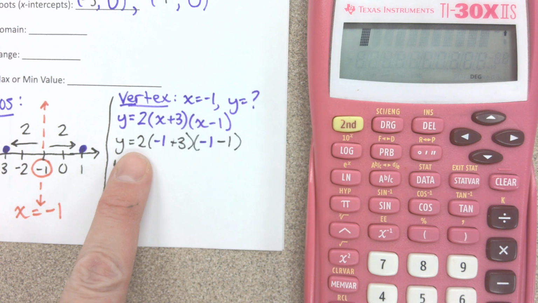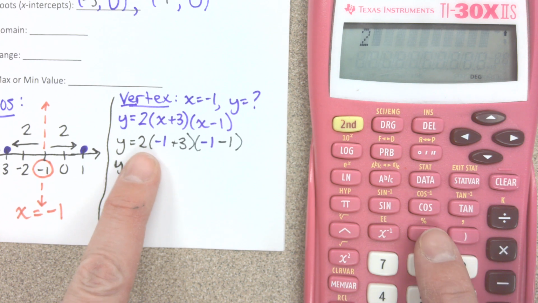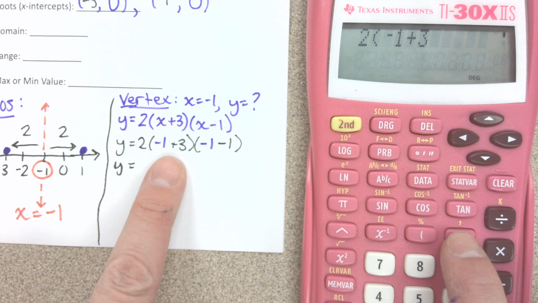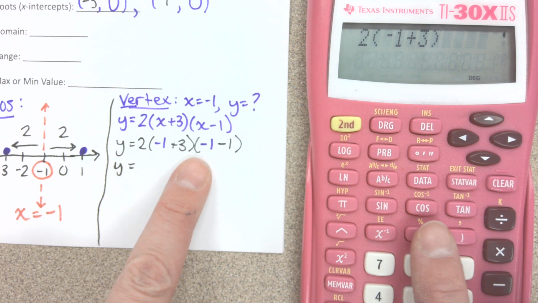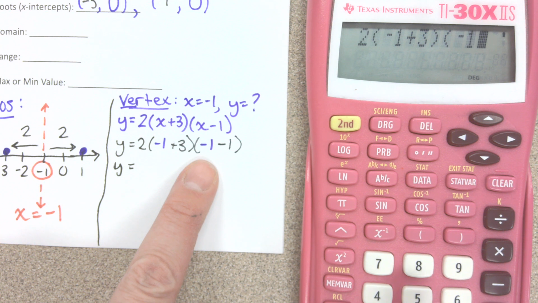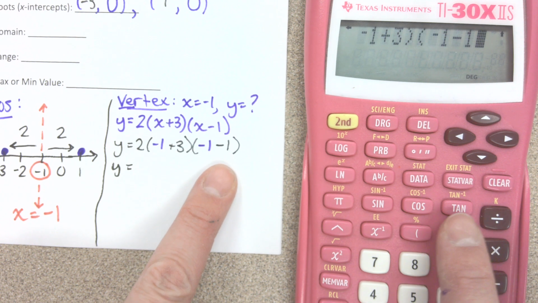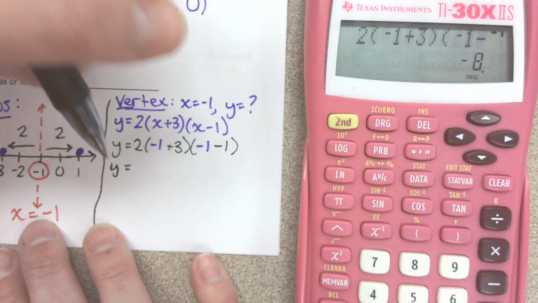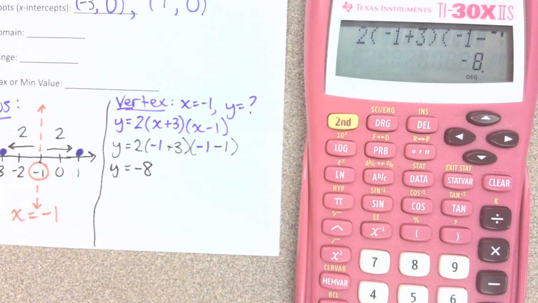Once again, if I write it, I type it. 2 parenthesis -1 plus 3 parenthesis, another parenthesis, -1 minus 1 parenthesis. If you type this in your calculator correctly, you should have gotten -8.